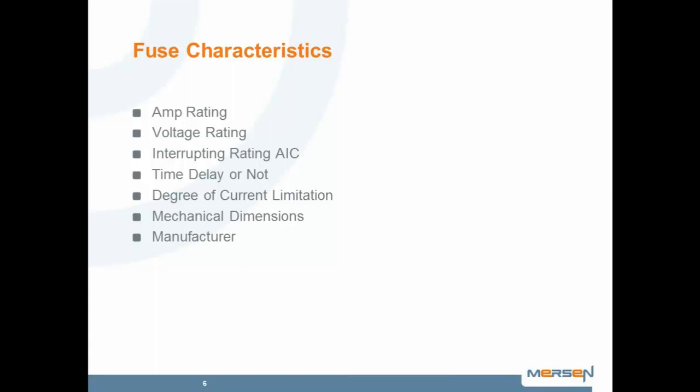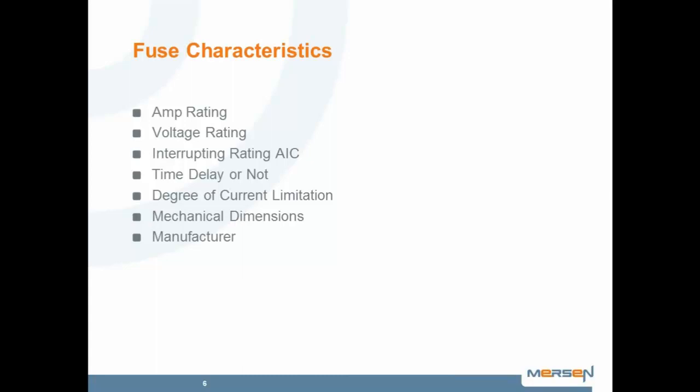If you have motor circuits, normally the motor circuits use the fuses for short circuit or ground fault protection, not overload protection. And they are sized higher, maybe 175% of the motor full current. With the voltage rating, if you have a low voltage fuse, as long as the fuse is at least as high as the voltage that it has to interrupt, it's a good application for the voltages.